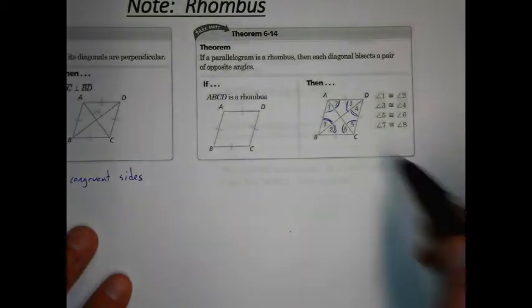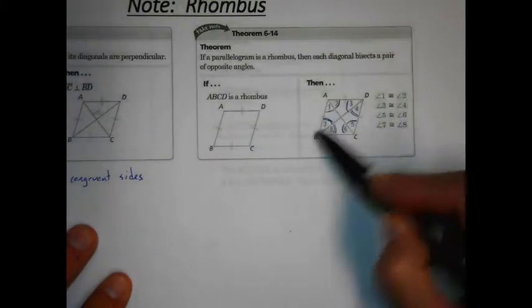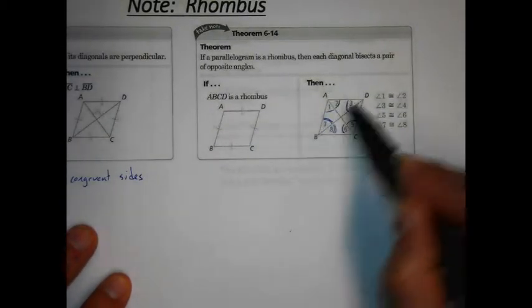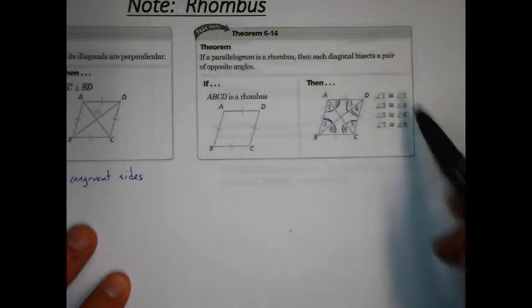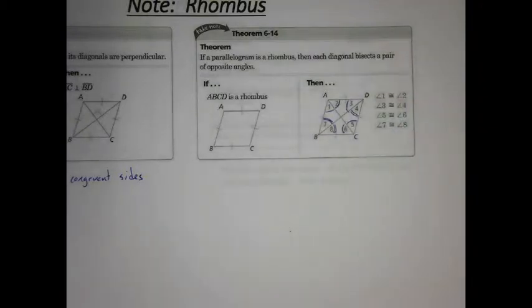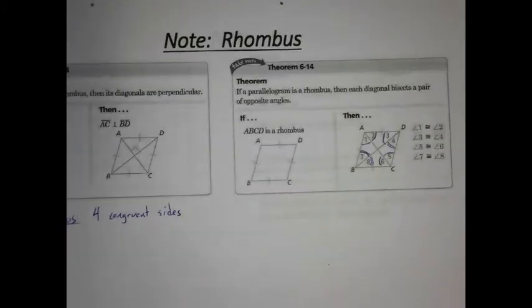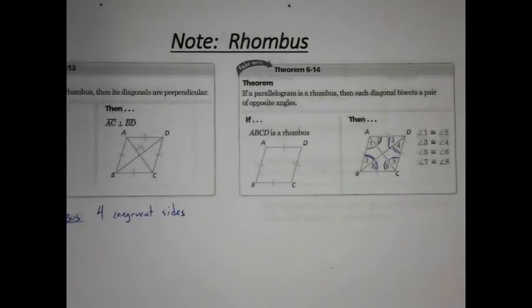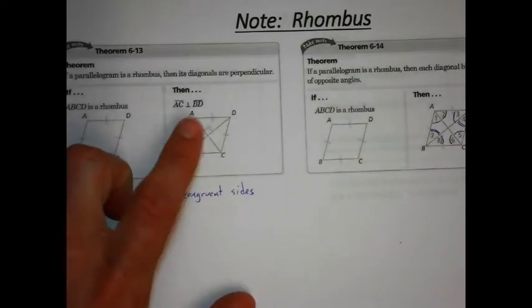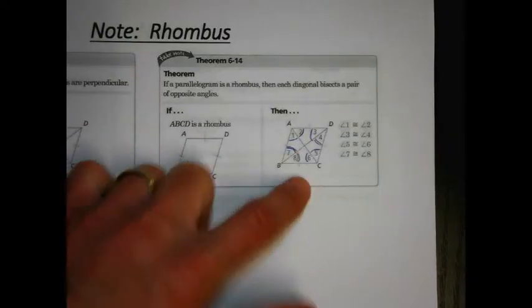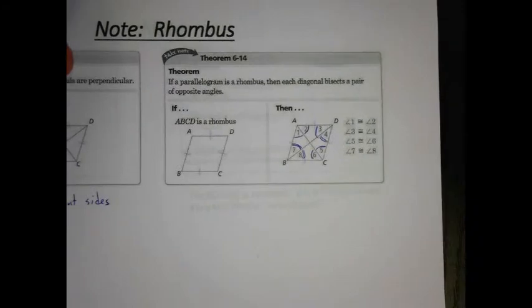So if you have a rhombus, the diagonals bisect the opposite angles. And you realize, holy cow, there's a whole lot of congruency going on here. But that's the note, and we're going to dive into that a little bit later. Diagonals intersect at perpendiculars, and they bisect the opposite angles.